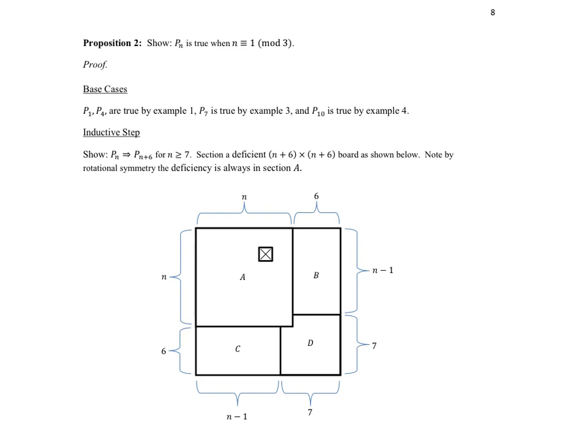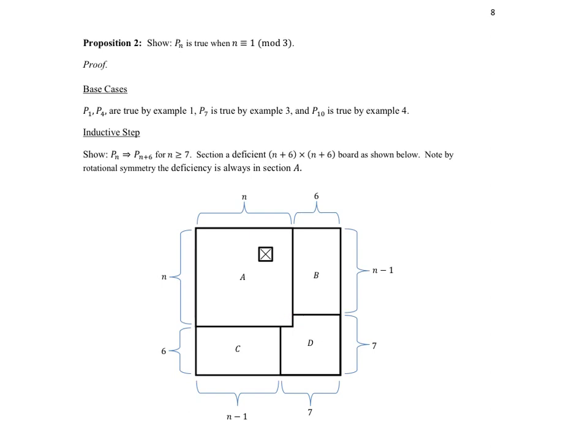So the idea is that if we know how to do an n by n board, and of course the n here will be 1 in mod 3, because that's the only type of board that we're dealing with, we can stick on a 7 by 7 deficient board where the first part, the n by n board, steals a corner from the 7 by 7 board.